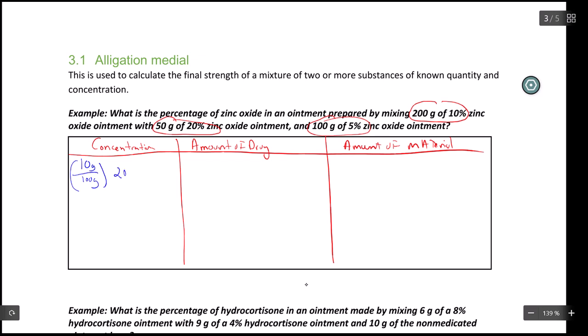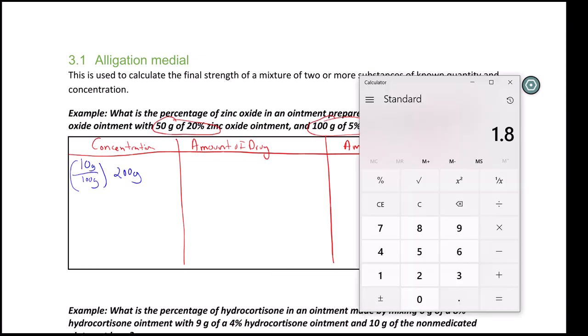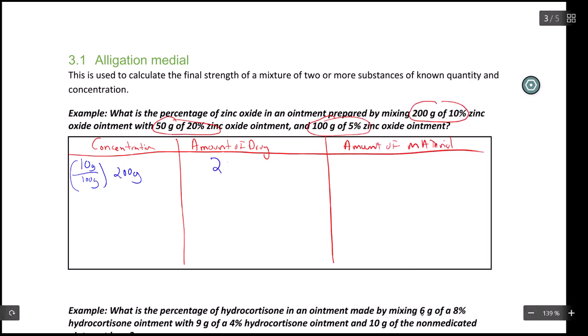So if I take my 10 grams out of 100 and multiply that by 200, I've got 20. This is the amount of drug I got. I have 20 grams of the zinc oxide here. How much material was that? That was 200 grams.